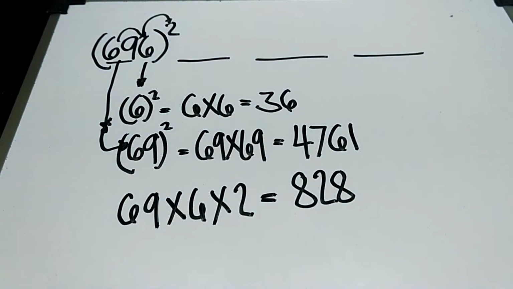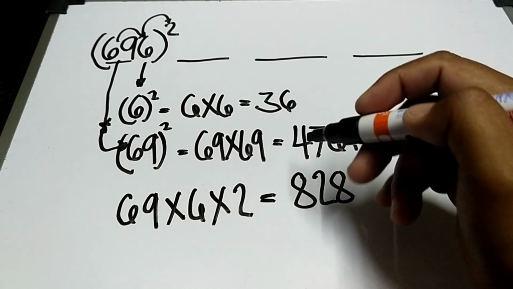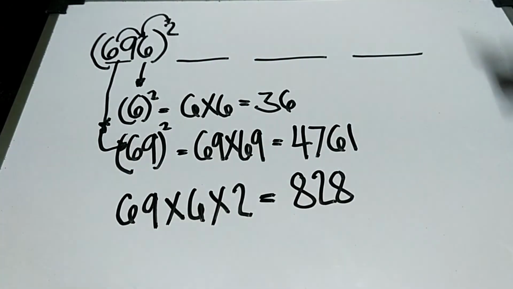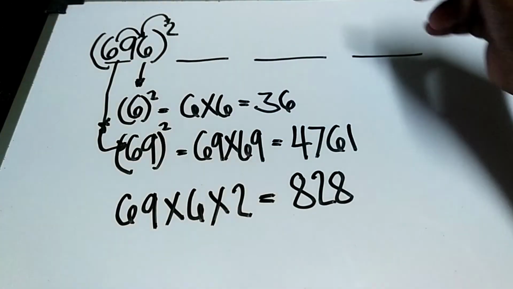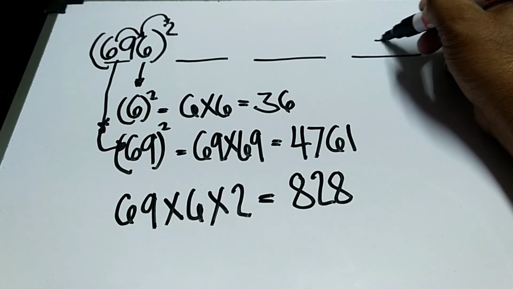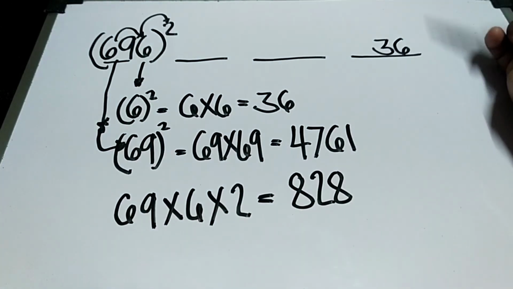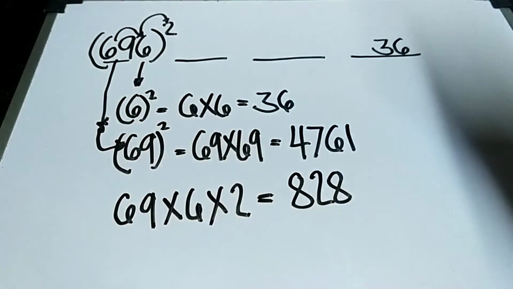Okay, so did you get the same answer, guys? Okay, so 828. Now, I write over here the 36 at the place value of 6.